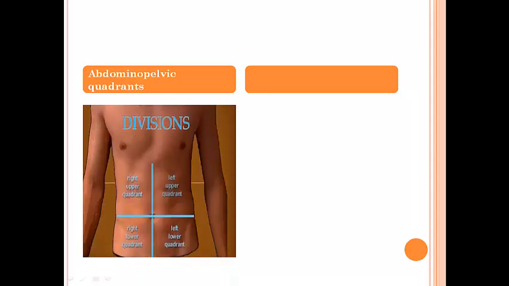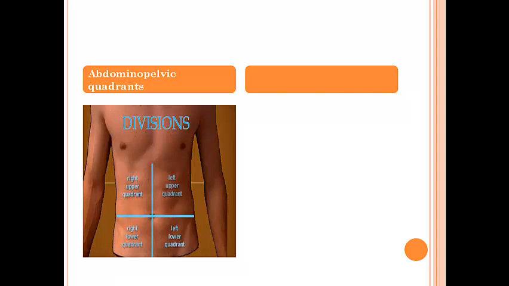Okay, so just a quick reminder, you guys, that when we're studying the abdomen, we generally divide it into regions. Each region or each quadrant has a specific set of organs that are found there. And you know that there are two ways that we can divide the abdomen. You can either divide them into what we call abdominopelvic quadrants, which is basically where the abdomen is divided into four different regions.